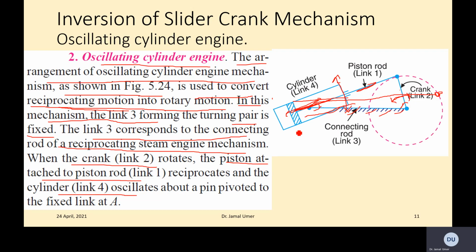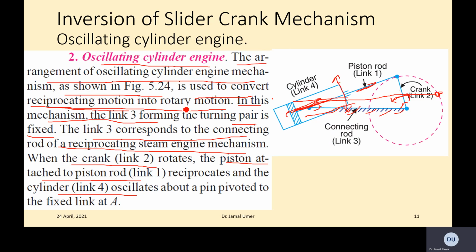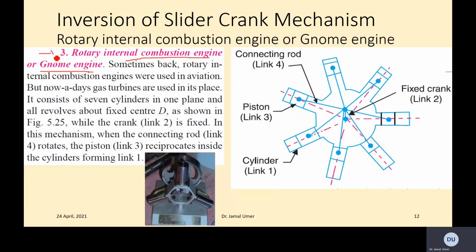The further extension of this is called a rotary internal combustion engine. This is another example, or Gnome engine, one of the names. If I say the oscillating cylinder is just moving, then this is another inversion. Sometime back, rotary internal combustion engines were used in aviation.